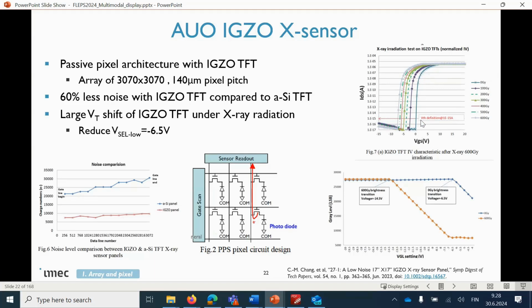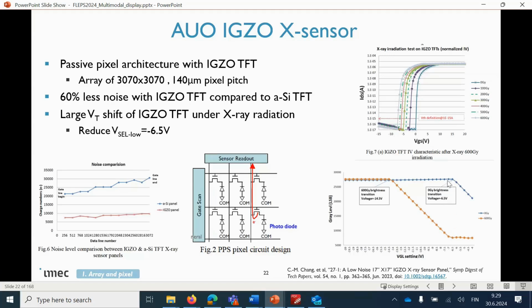The transistors are shifting when they are exposed to radiation up to 600, and the VT is shifting, even 6 volts to negative. They solved it very simply by reducing the select voltage when you turn it off, from 0 to minus 6.5. So the VGS will go to minus 6.5 here, and then the transistor will be turned off.